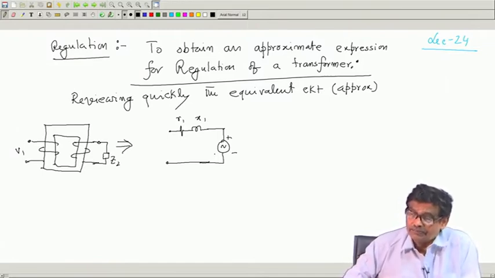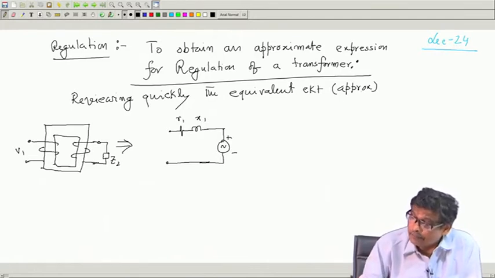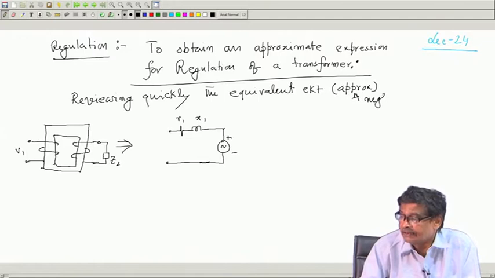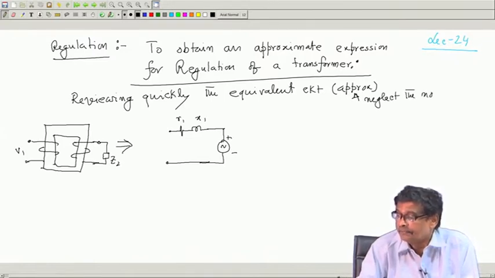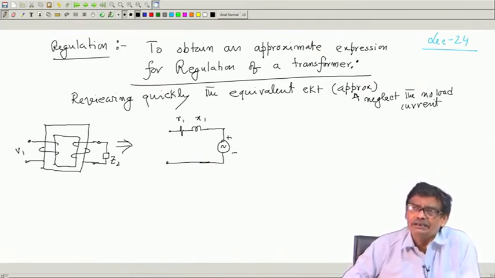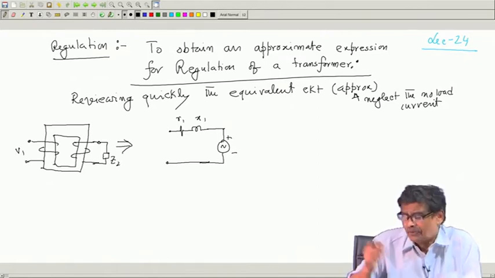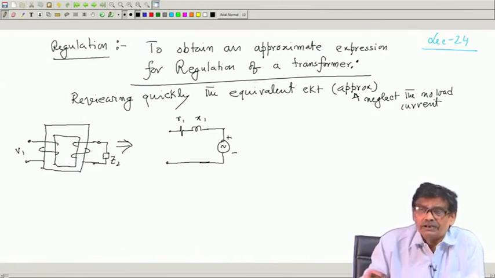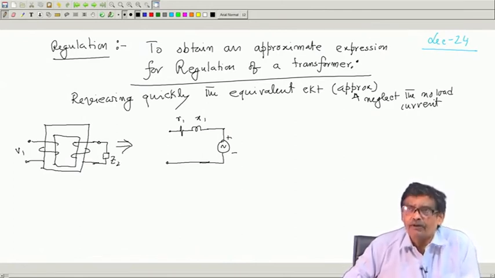In other words, why it is approximate: we will neglect the no load current, because the no load current, which comprises the core loss component of current and magnetizing current, is only about 5% of the rated current, and the drop because of that in R1 X1 or R2 X2 is very small.